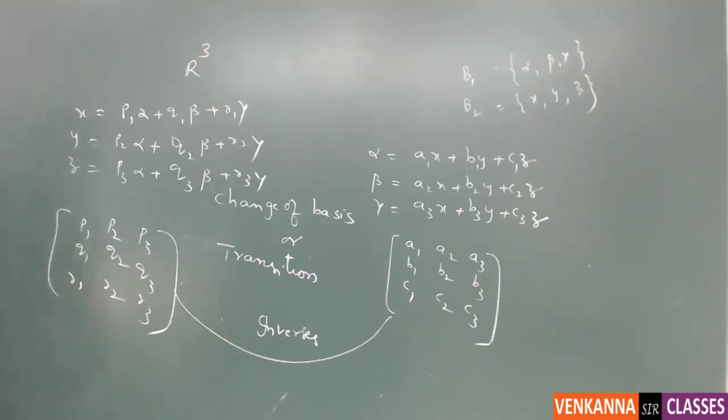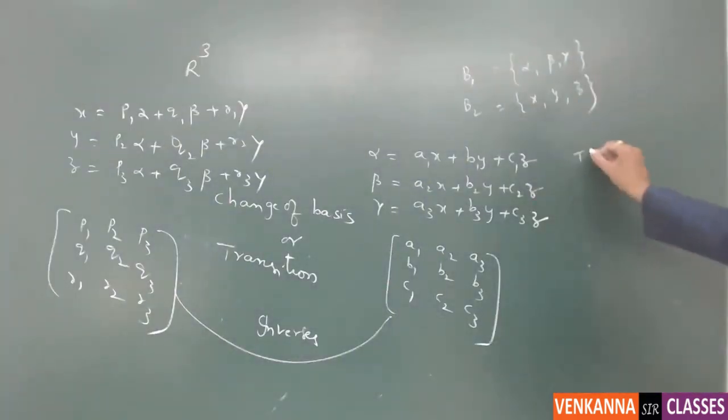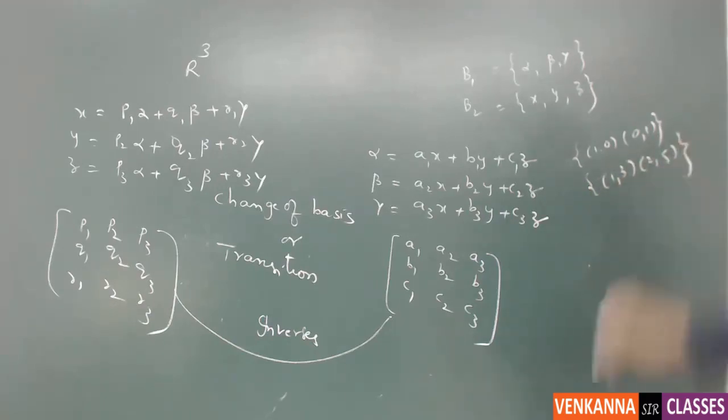So if I say I got a transformation, let me say I got a, say I can write these two vectors using this.